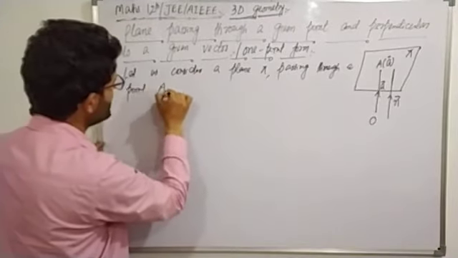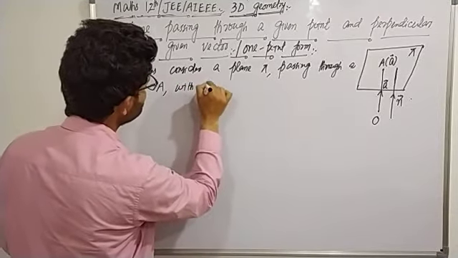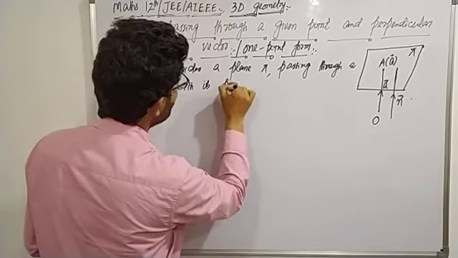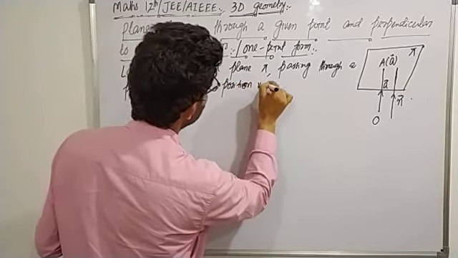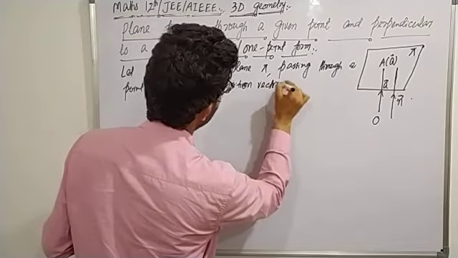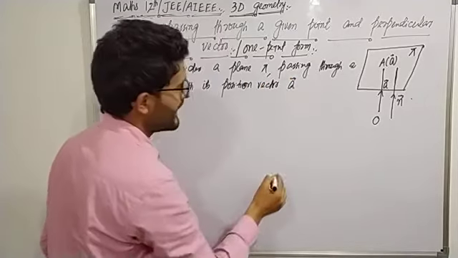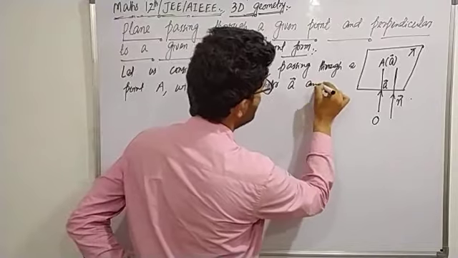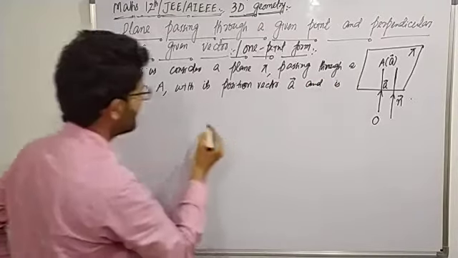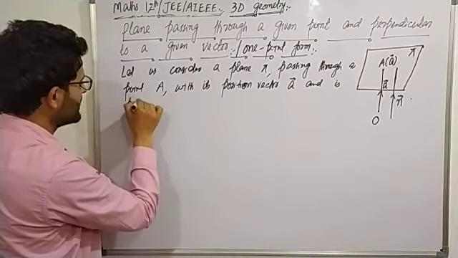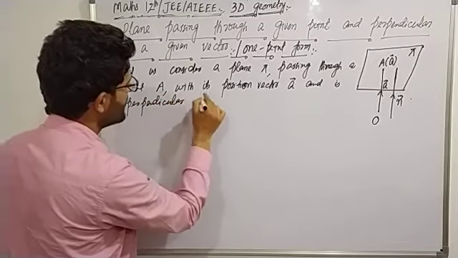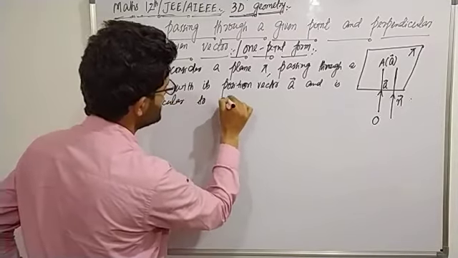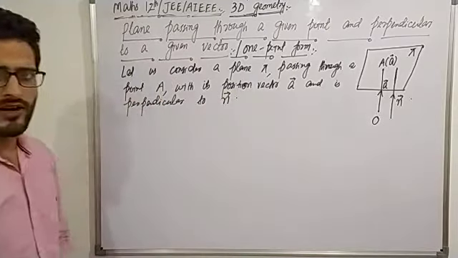A with its position vector as small a vector, and is perpendicular to the vector that is n vector, right?